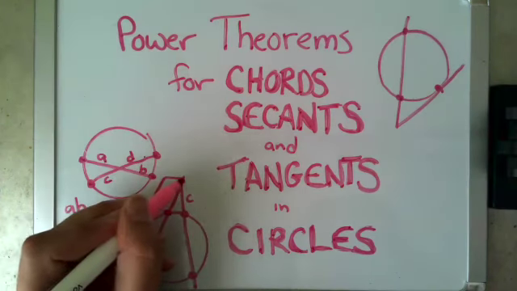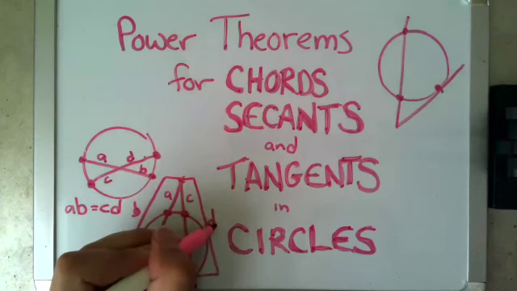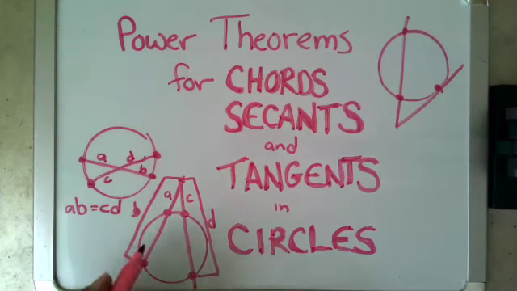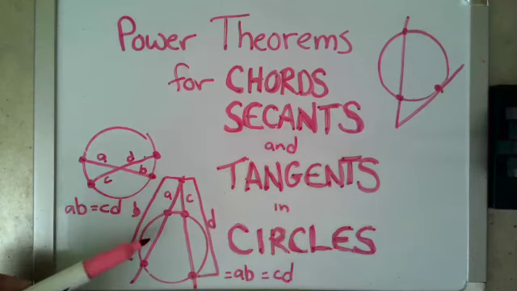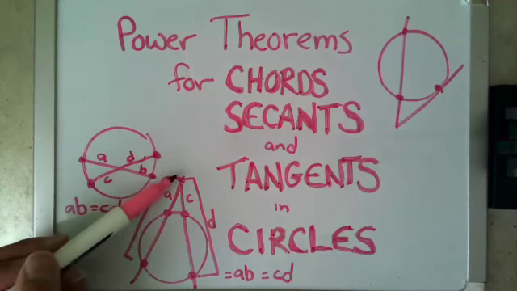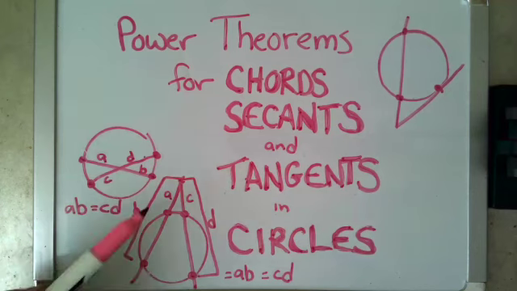So if we call that C and we call the whole thing D, then the rule here is that A times B equals C times D. Only this time it's not the individual pieces of it, it's part whole equals part whole.